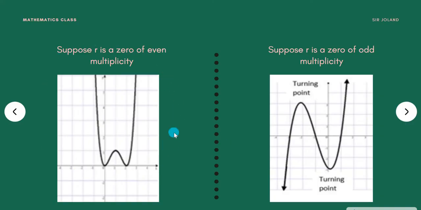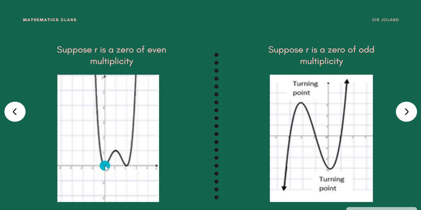Ayan. Pag sinabing even yung multiplicity, ang mangyayari is, di ba, tatouch siya doon sa ating point, sa ating zero, or doon sa R, and then bounces back. Ayan. So, if this is the graph, so ito yung kanyang one of the x-intercepts or the zeros.